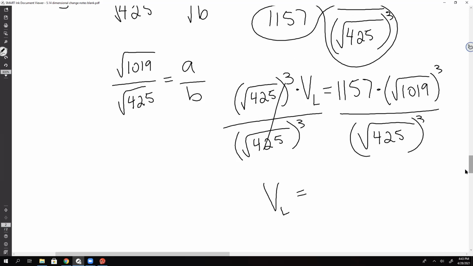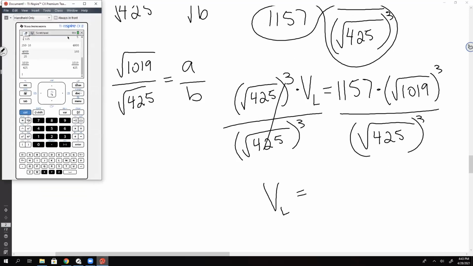So I'll just type this final thing in the calculator and get my final answer. I'm going to pull up my calculator. I'm going to do control divide so I can get my fractions set up. I'm going to put 1157 times, and then I need parentheses, and I'm going to put this square root, so control square root of 1019. I'm going to press the arrow key so I can get out of the square root, and then I need to put it to the power, so I do the caret key of 3.